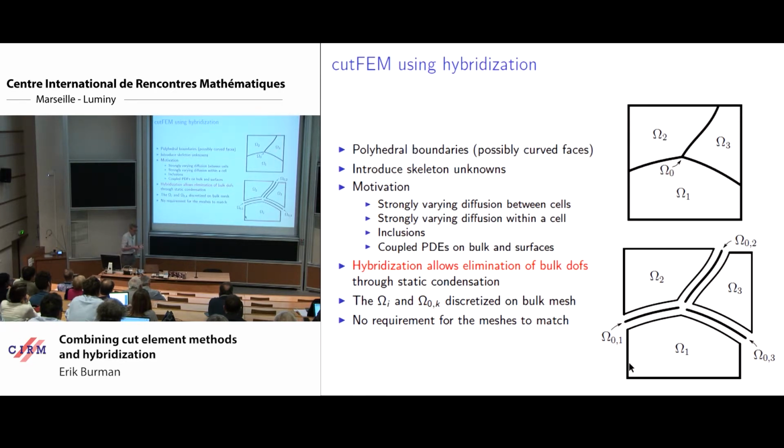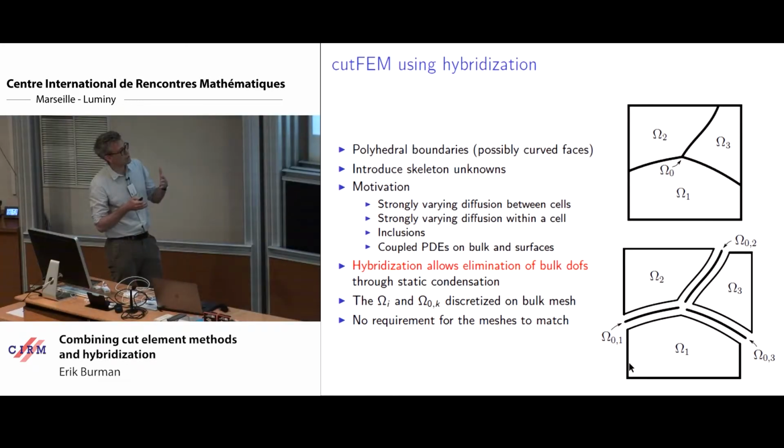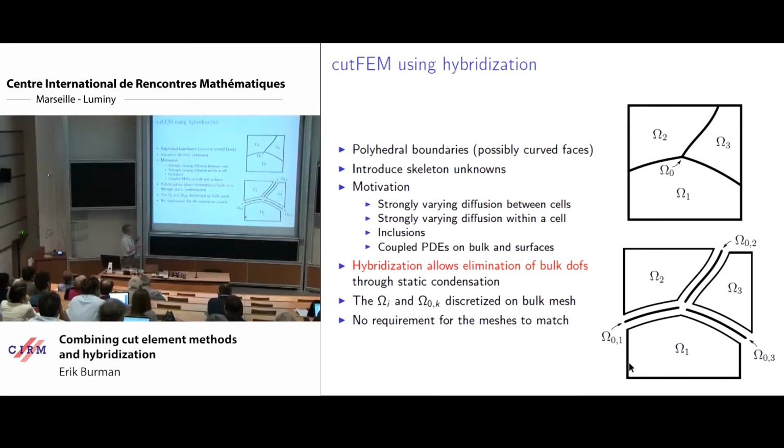So we have work on that, and this will not be included in this talk because it would be too much. But the important idea is then to introduce degrees of freedom or unknowns also on the skeleton, and we then come to this situation where we hybridize. And of course, hybridization then allows for the elimination of the bulk degrees of freedom through static condensation.